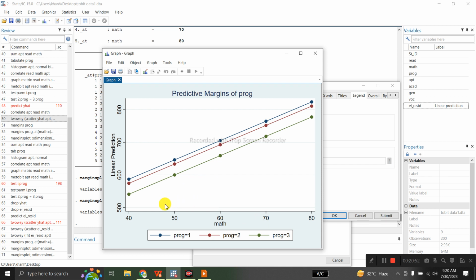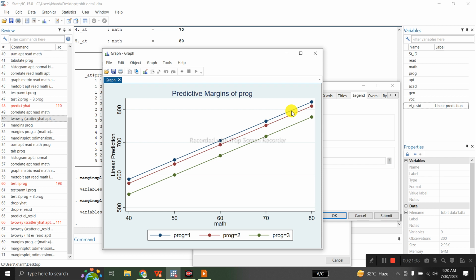So the marginal predicted score of those who are in the academic program are higher at all marks in maths, followed by those who are in the general education program, and finally we have the vocational program, in which the marginal expected scores on aptitude test for various students who have got either marks 40, 50, 60, 70 or 80 are lower than the respective scores for those who are in the general education program or in the academic program.